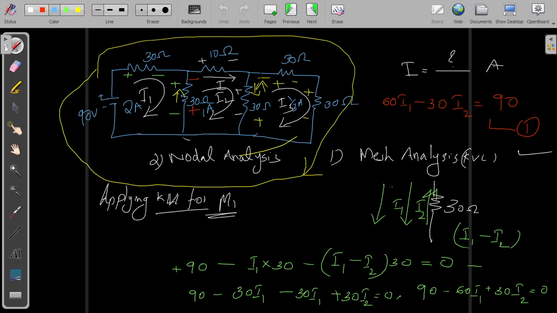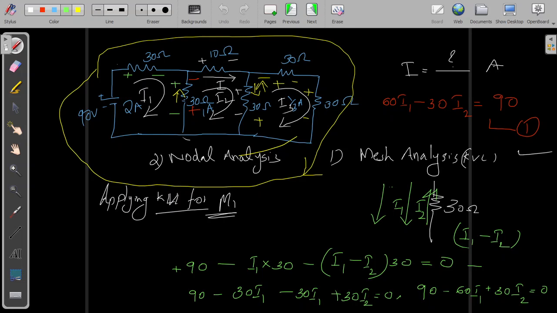Okay, now, so this is my mesh analysis. I got the loop currents I1, I2 and I3. Now I'm going to find out the current through this 30 ohm resistance. We will take first of all this 30 ohm resistance, it will be I1 current, so it will be 2 ampere.